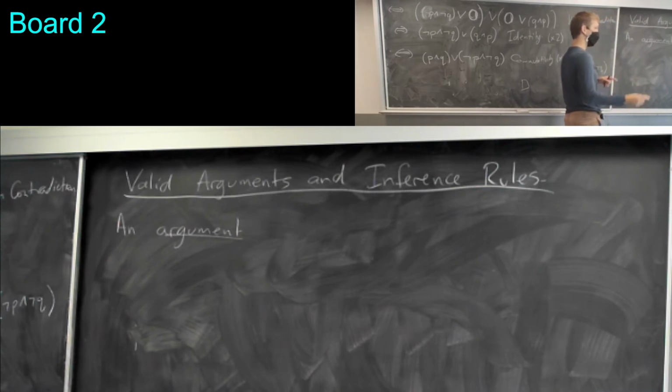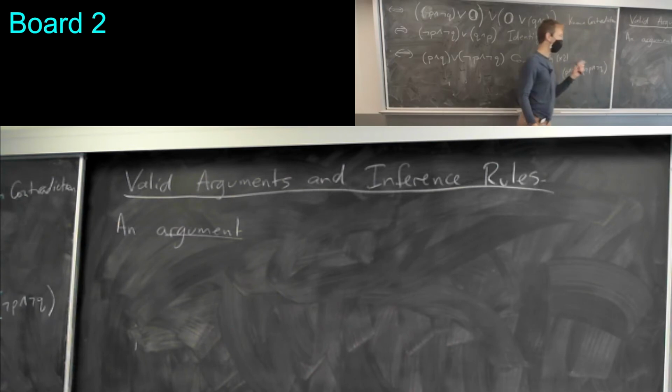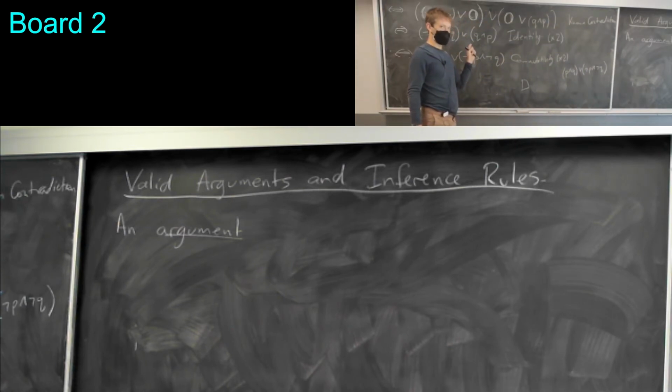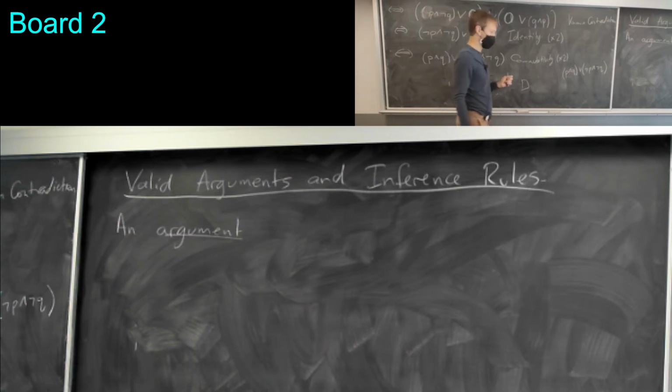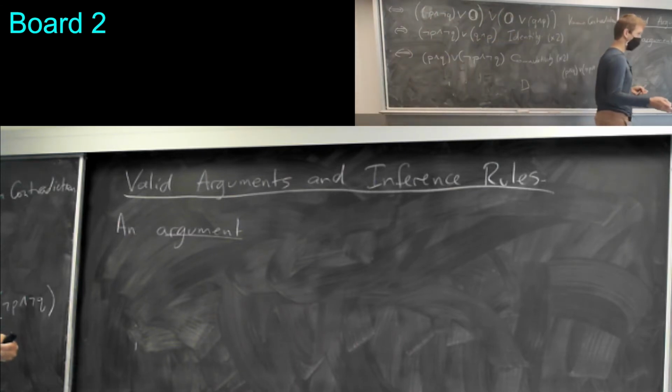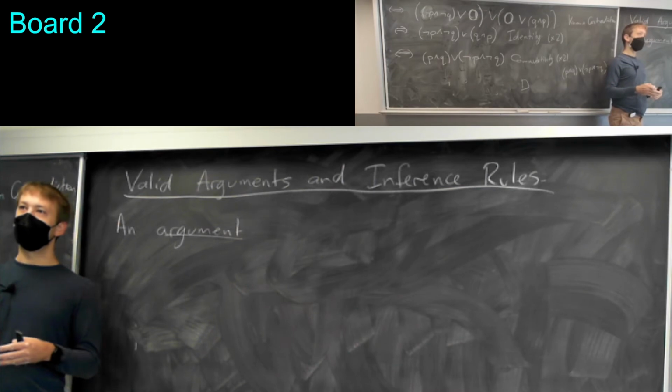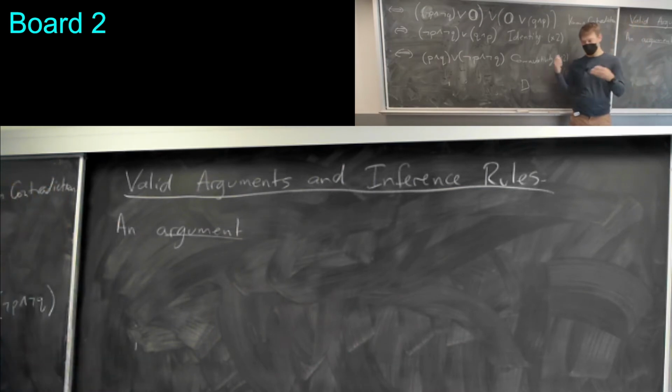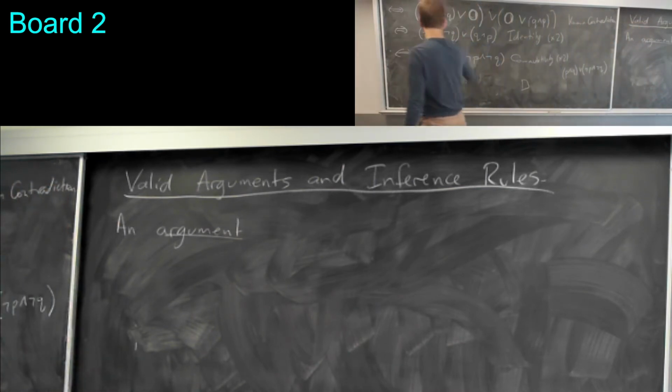Actually, let's rewind a second. Sorry, there's something I wanted to mention just briefly. Remember in these laws of logic problems I said the first step is to turn everything into and, or, and not. I just wanted to briefly mention that you can always do that.